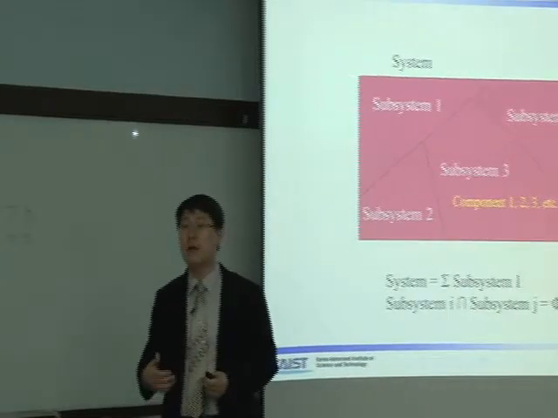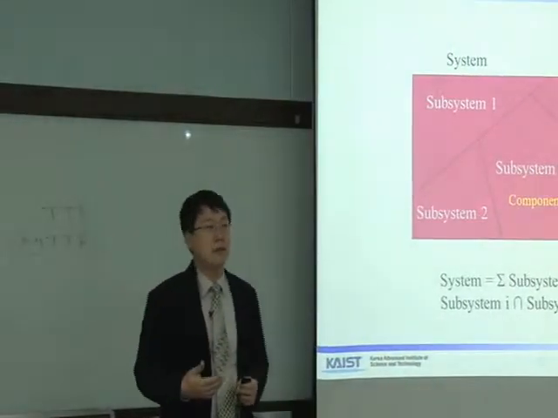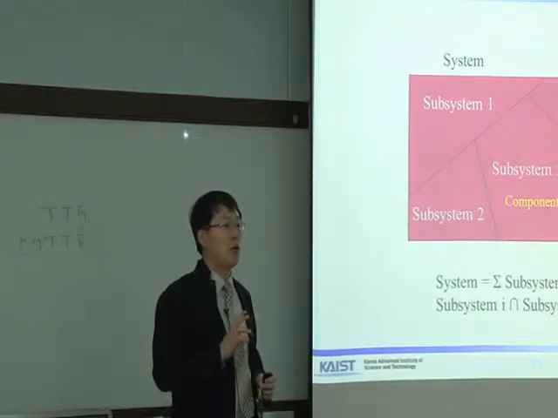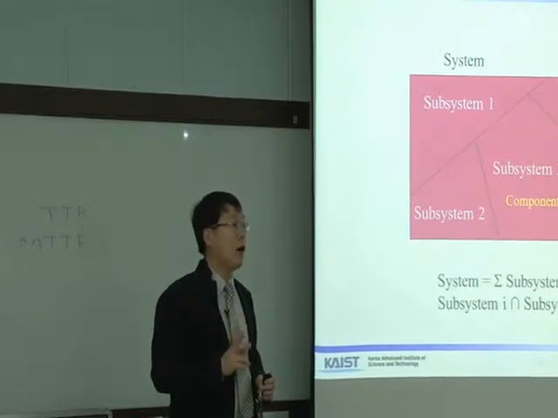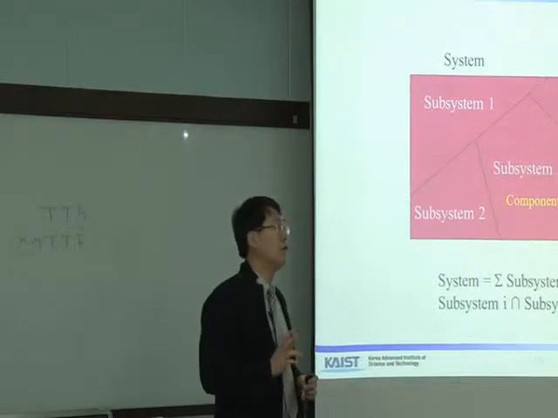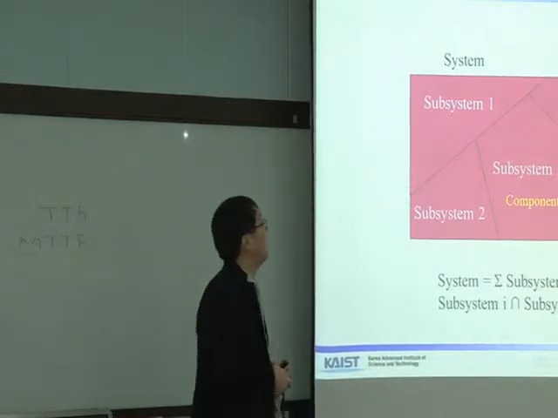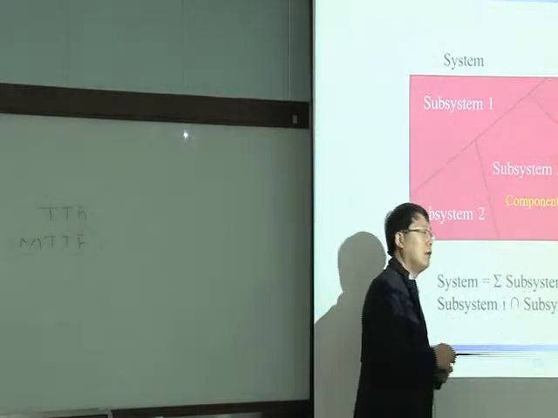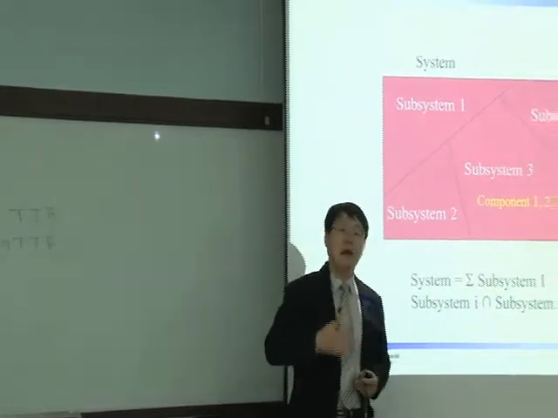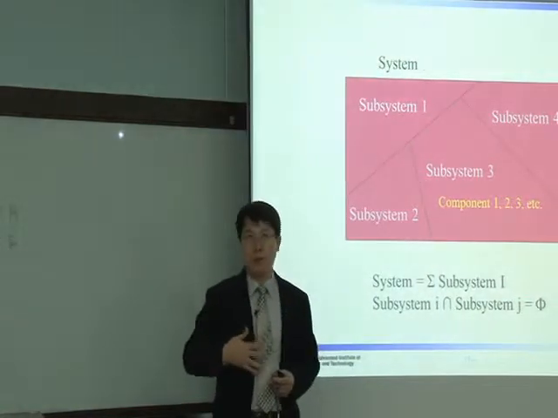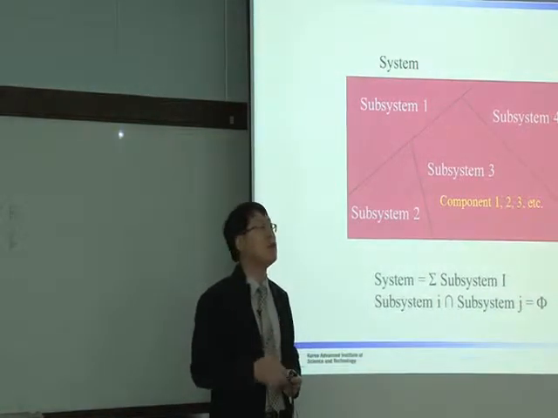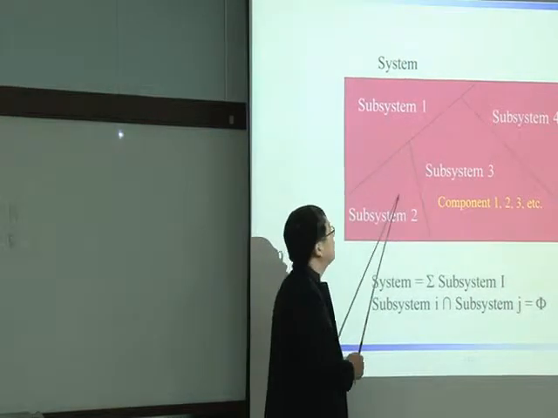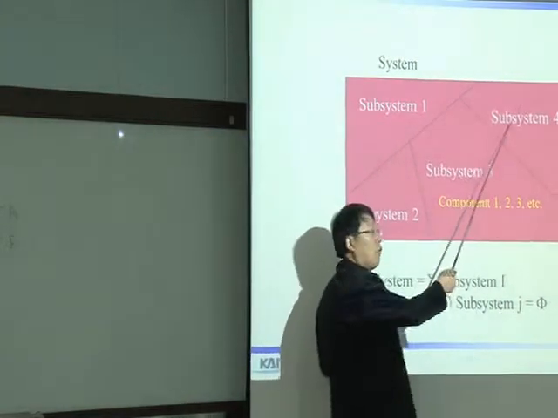I used terms like systems, subsystems, component, items. So let's redefine the terms in a more strict way. A system can be broken down into several subsystems: subsystem 1, subsystem 2, subsystem 3, and subsystem 4.